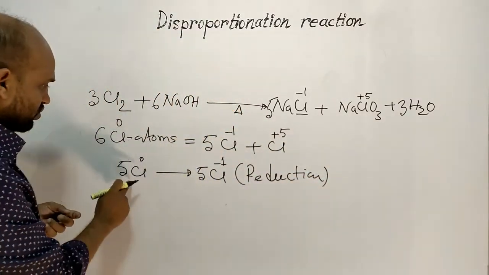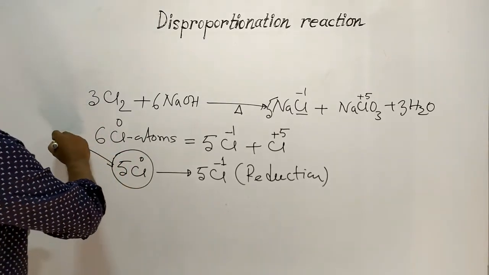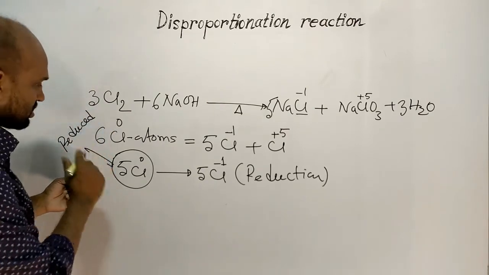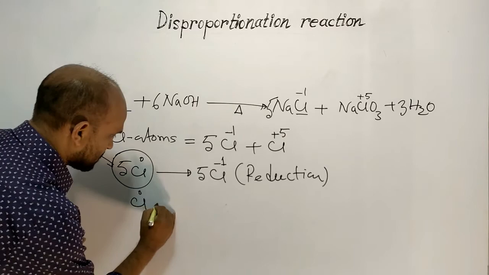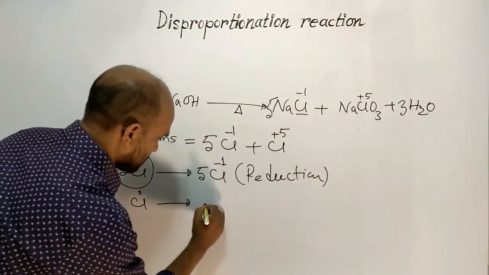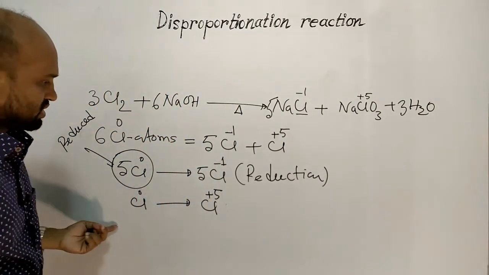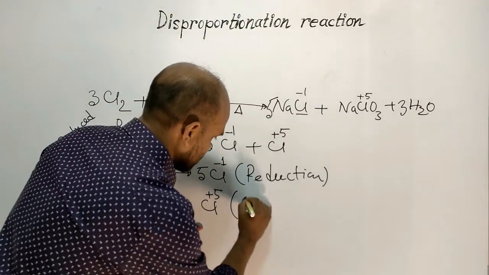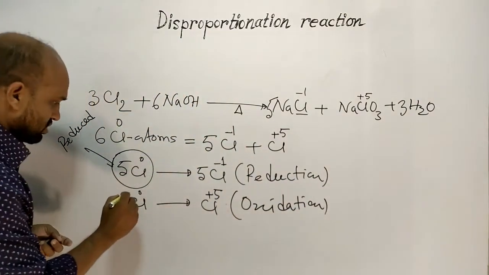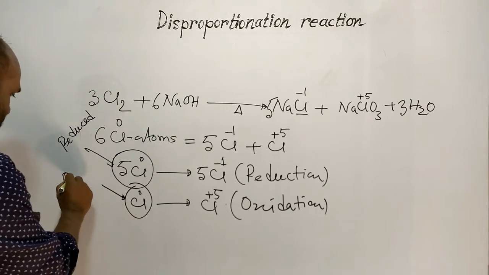And here 5 chlorine atoms are reduced, and another chlorine atom with 0 oxidation state is oxidized to plus 5. This is oxidation, and 1 chlorine atom is oxidized here.